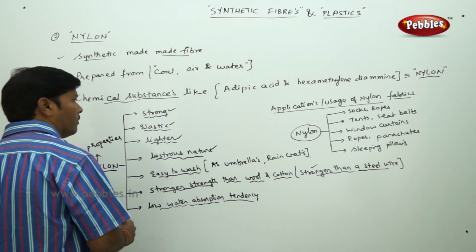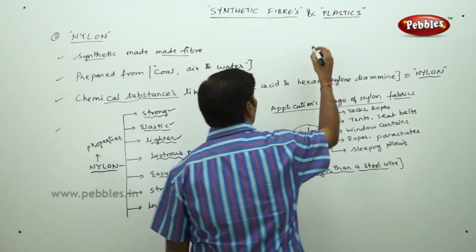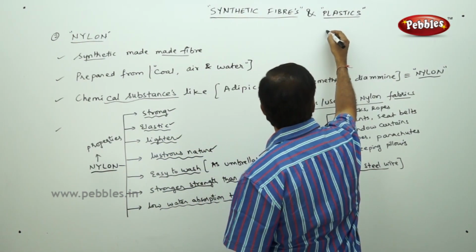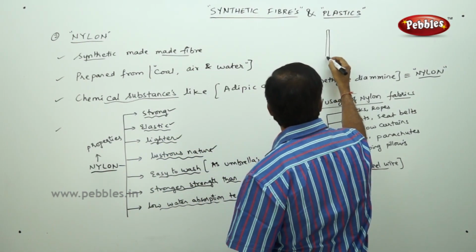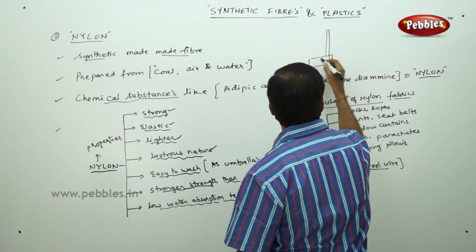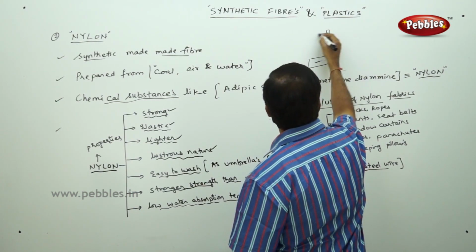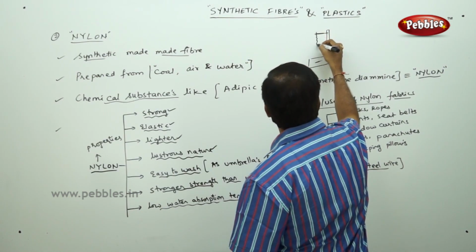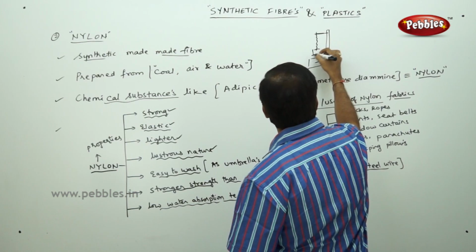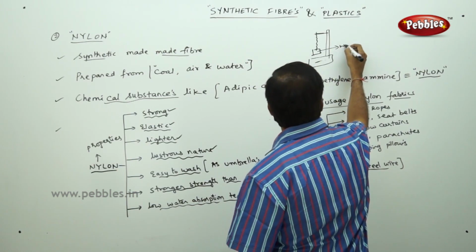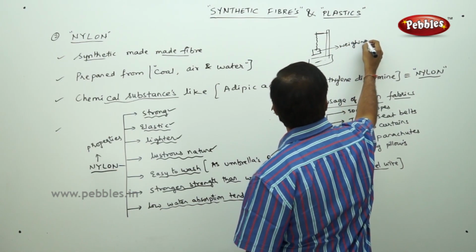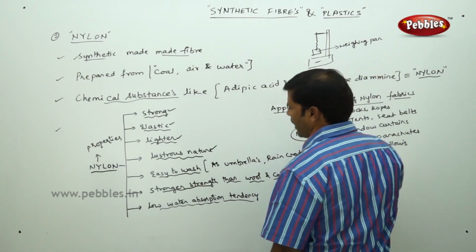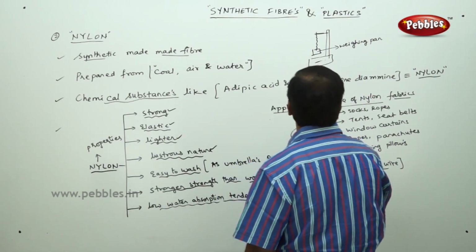For example, one small experiment we are going to do. You take a vertical stand on a horizontal surface platform, and you take one clamp. To this clamp you release the thread, and here you place a weighing pan. This is called the weighing pan. And here you can take cotton, wool.